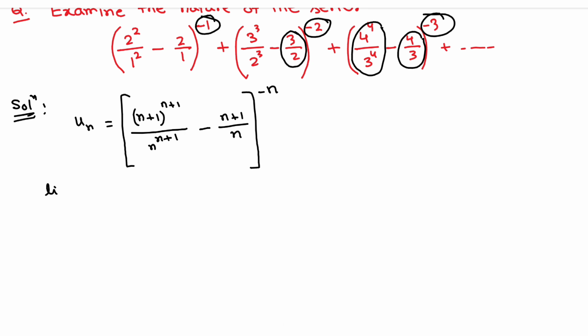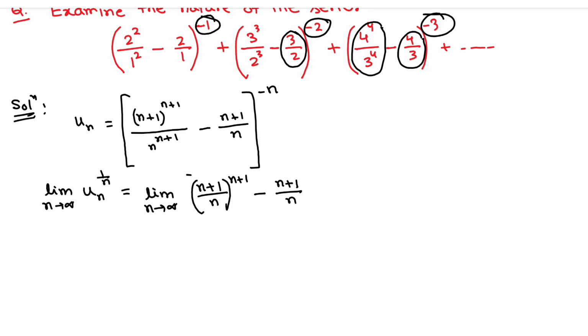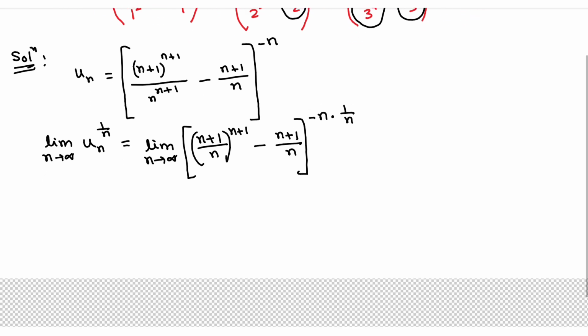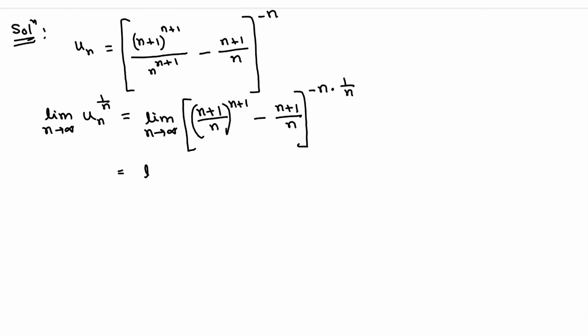So limit n tends to infinity un to the power 1 by n equals limit n tends to infinity of n plus 1 by n whole to the power n plus 1 minus n plus 1, divided by n, whole to the power minus n into 1 by n.